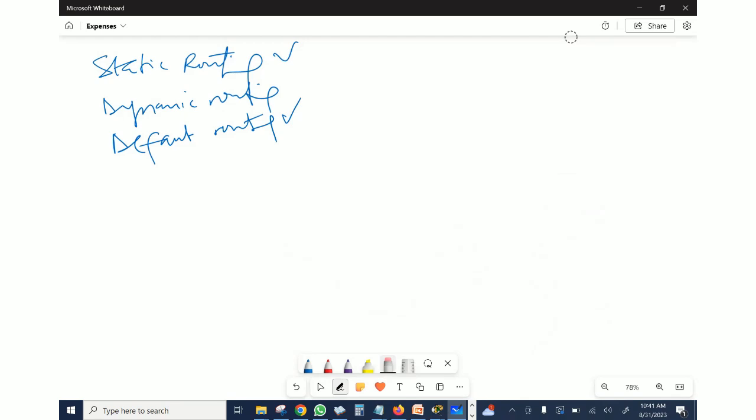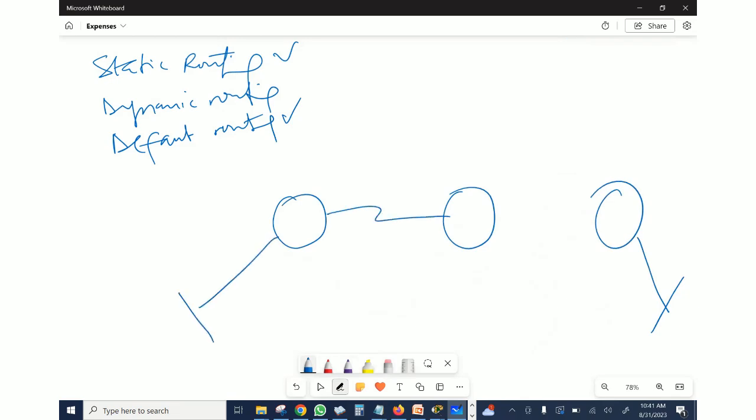And even dynamic routing. So now let's say we have three networks as usual. In dynamic routing, routers will automatically tell each other about the connected networks and the networks that they know about.